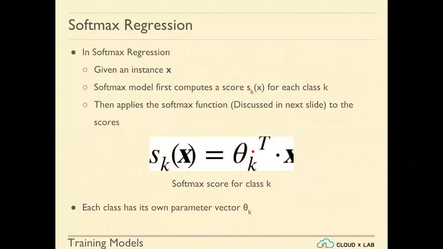First we assume certain values of theta for each of the classes. In our case there are three classes, 0, 1, and 2, so there will be three theta vectors, three sets of parameters. With all these, we compute s_k for each class.